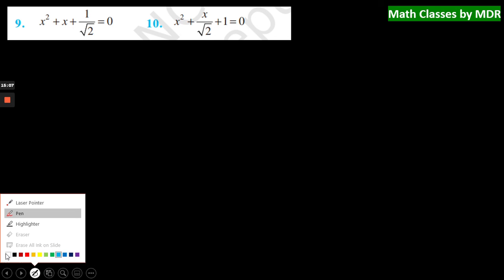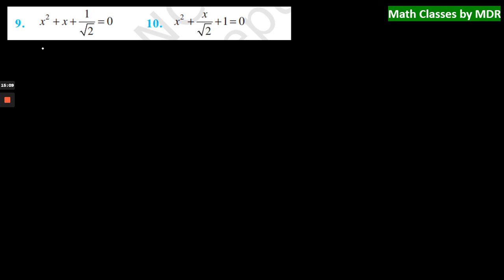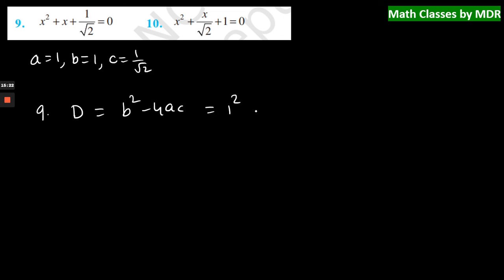The ninth one has a equals 1, b equals 1, c equals 1 by root 2. Right? Let's see. When you try to find b squared minus 4ac, b is 1 squared minus 4 into 1 into 1 by root 2.